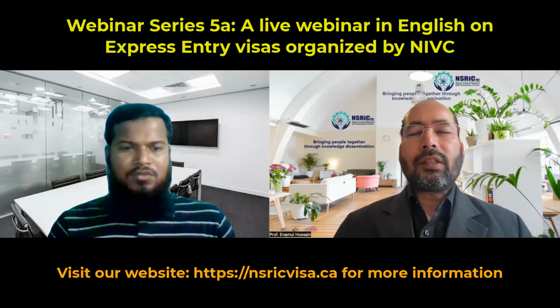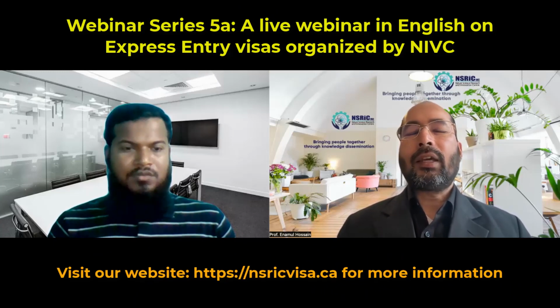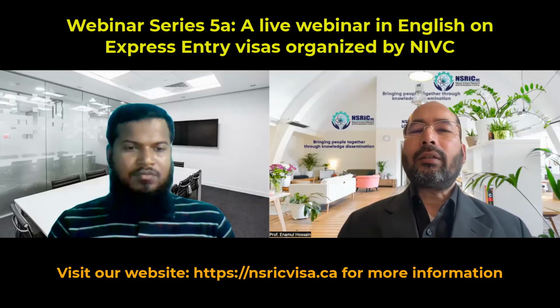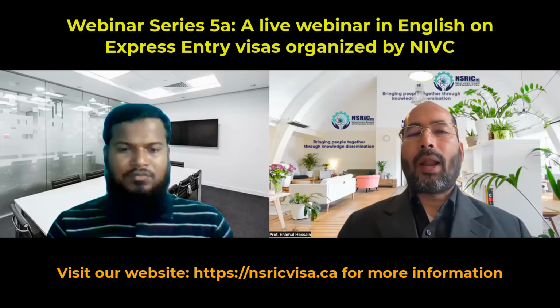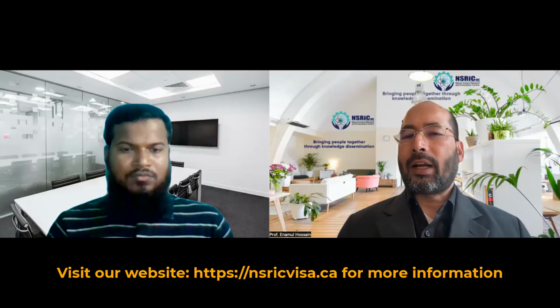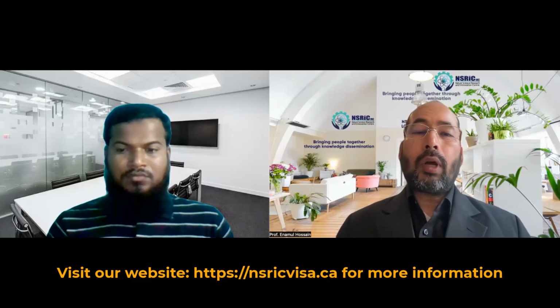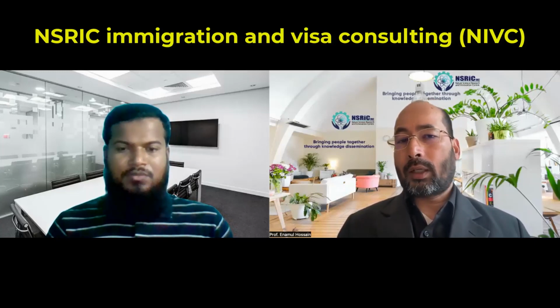So this system works like this. Let's say, for example, 100 people applied for immigration under the Express Entry visa. Among the 100 applications, based on your qualification and your skill set, by the way, for the skill set, let me tell you one clear thing.